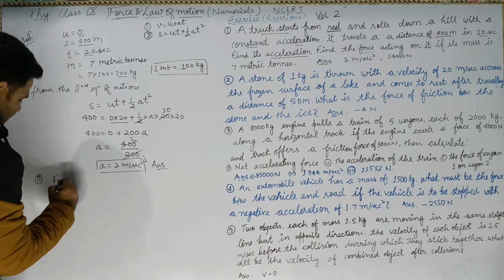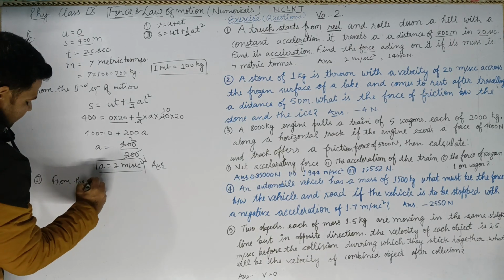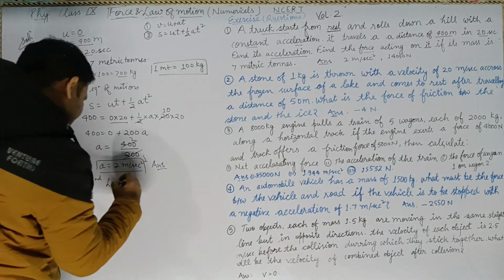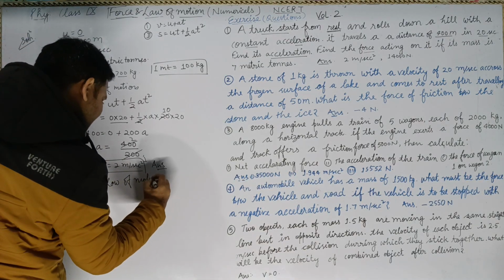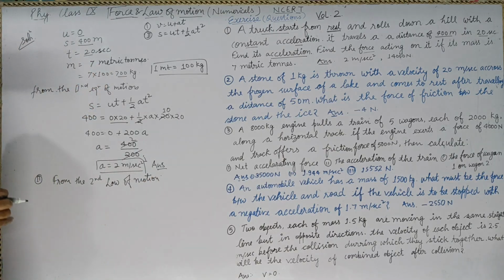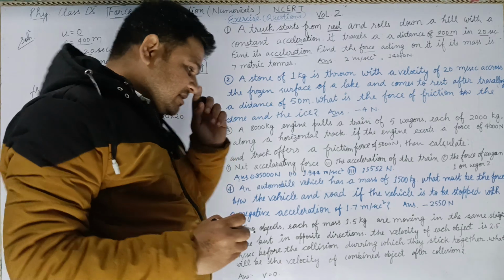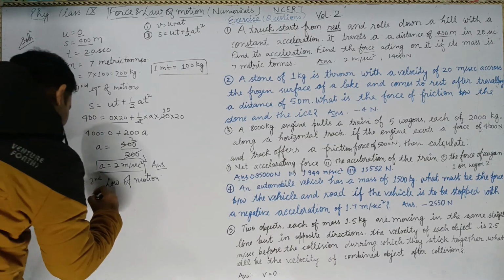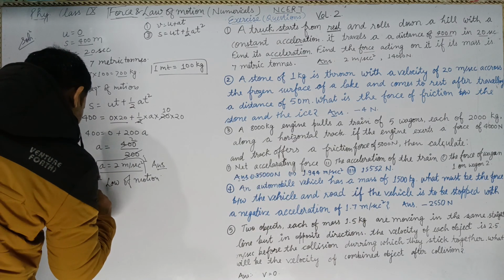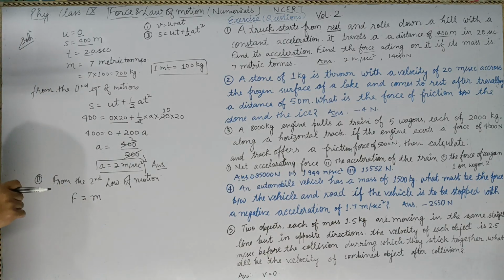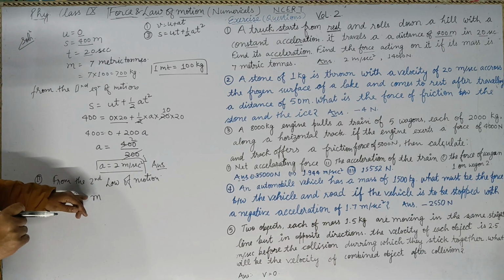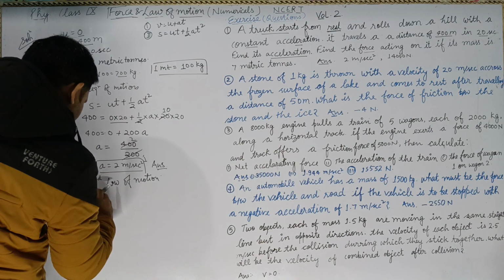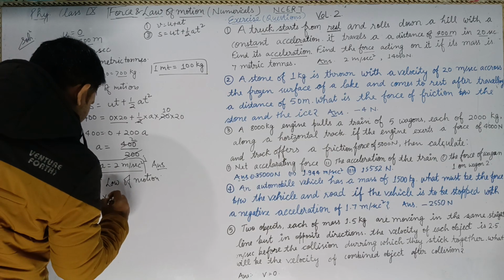The second law of motion states that the force acting on a body of mass m is equal to the product of mass and acceleration, F equal to m a.